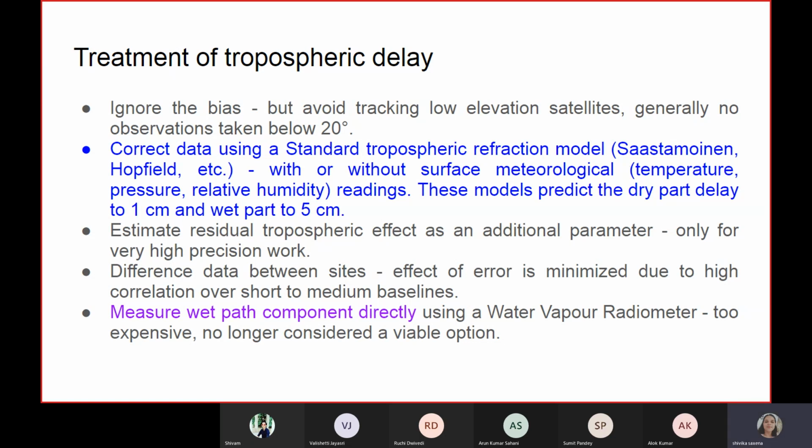Longer delays we might not be able to ignore completely. That is why we can avoid tracking low elevation satellites, and no observations should be taken below 20 degrees of elevation angle.